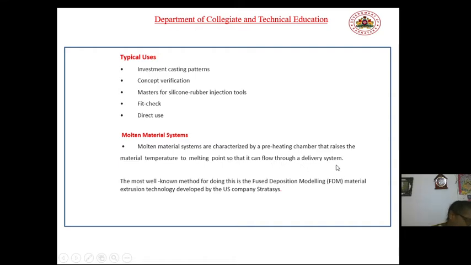The most well-known method of doing this is fused deposition modeling. This material extrusion technology was developed by the US company Stratasys. They are using this approach, extruding the material through a nozzle in a controlled manner.